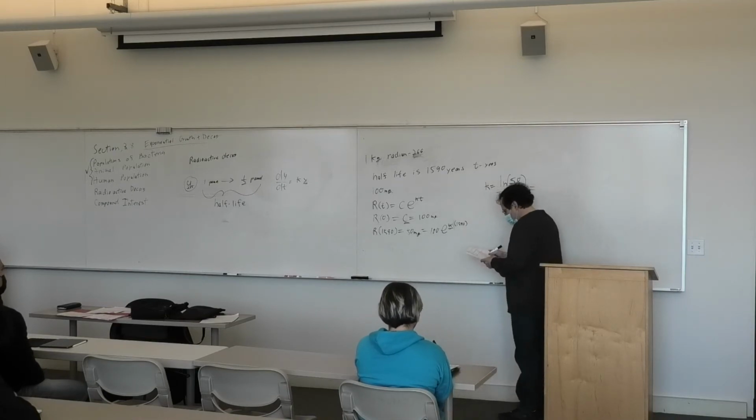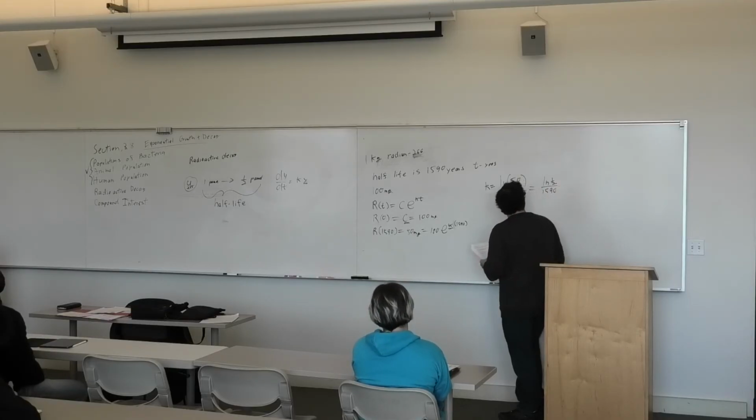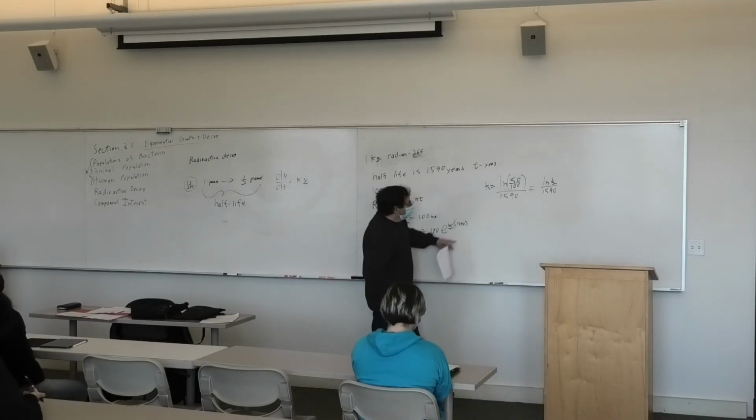So my k is equal to, oh, the book just wanted me to write log of a half over 1590. I guess if you know the half-life, you don't actually have to know the quantity.